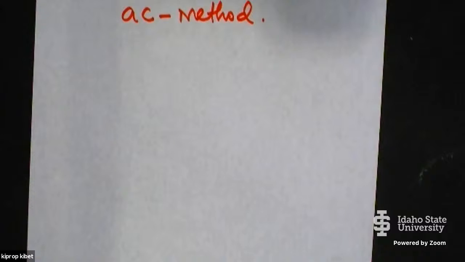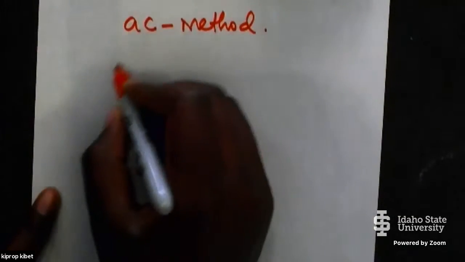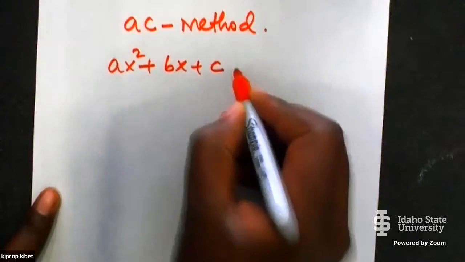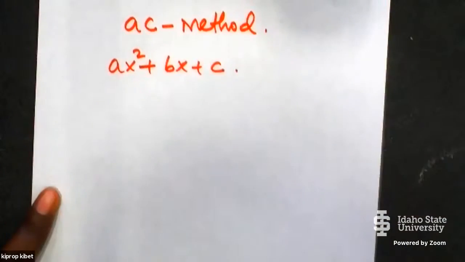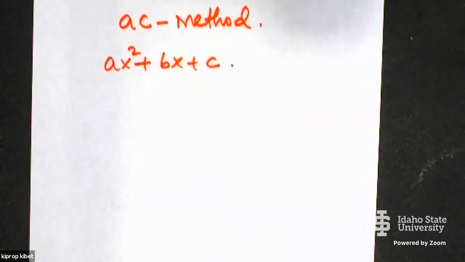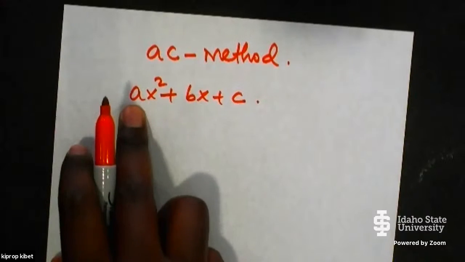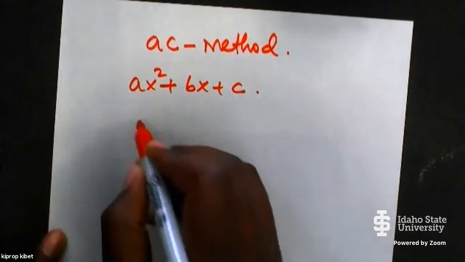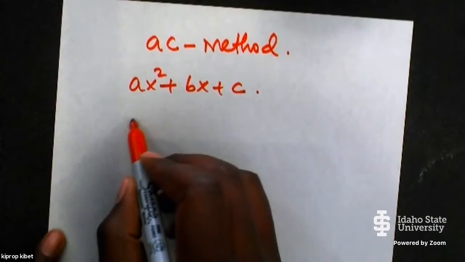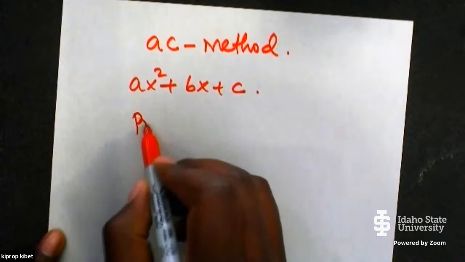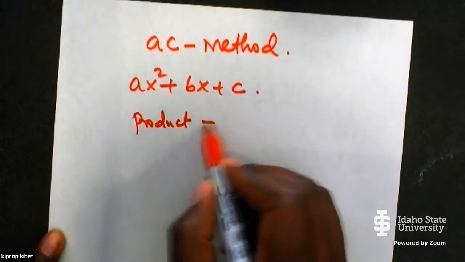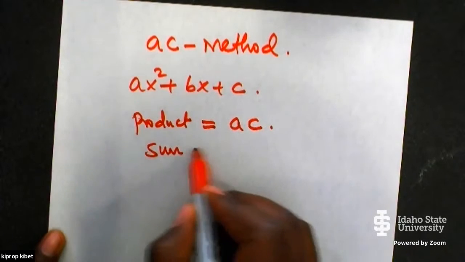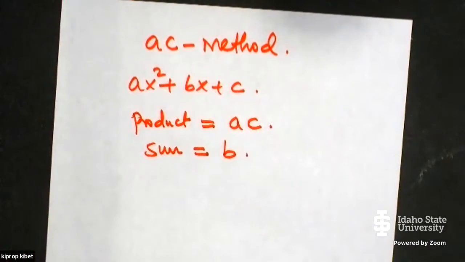If our expression is ax squared plus bx plus c, then our AC method is where we use this a and the c there. We get two numbers in which the product is AC, and the sum is b.